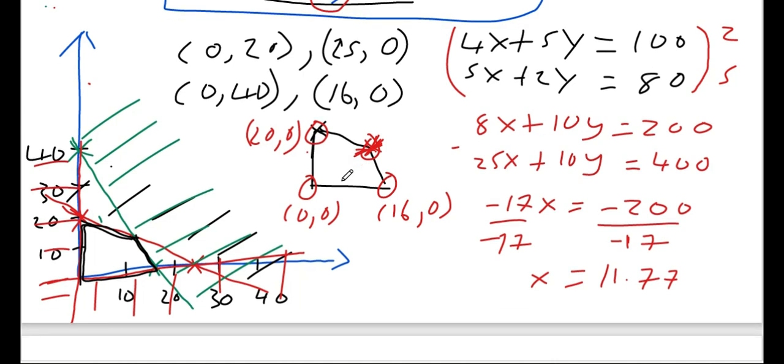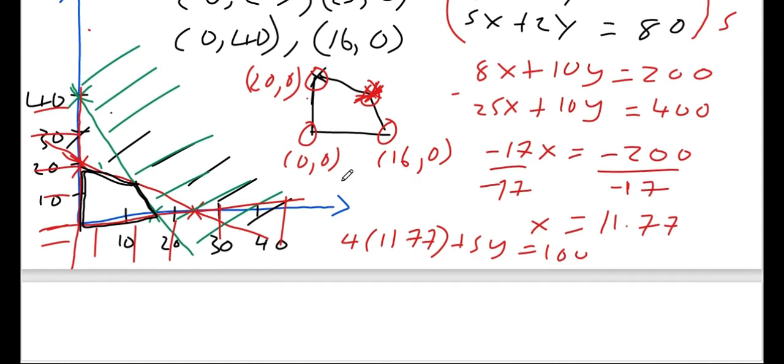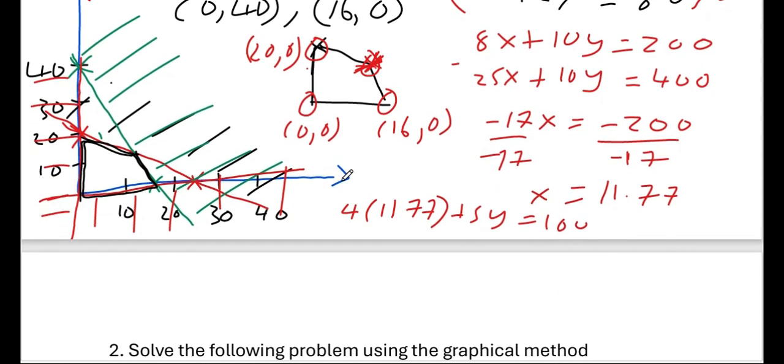So if we put it on the first equation, we are going to have 4 times 11.77 plus 5y is equal to 100. Remember, we are looking for y. So the next one is going to be 4 times 11.77, which is 47.08. 47.08 plus 5y is equal to 100.